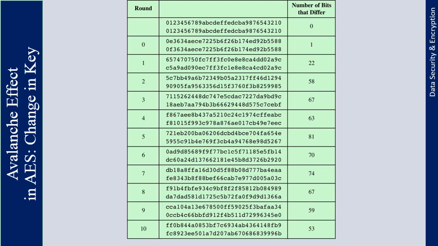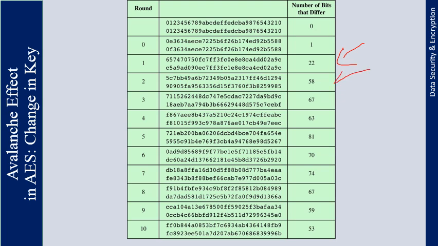Similarly, a change in the key also produces the avalanche effect. This shows the change in the state matrix values when the same plain text is used with two different keys that differ in one bit. Again, one round produces a significant change, and the magnitude of change after all subsequent rounds is roughly half of the bits.